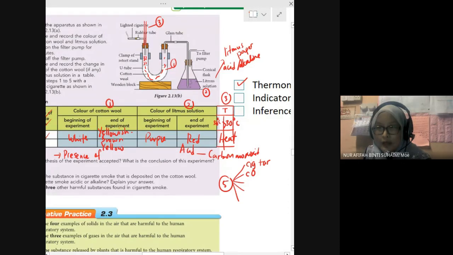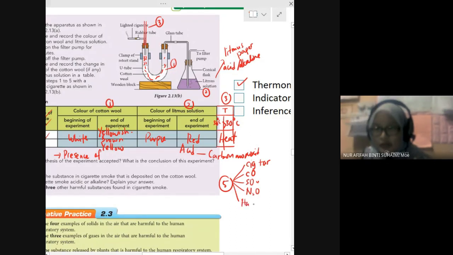Cigarette tar, carbon monoxide, sulfur dioxide, nitrogen dioxide, or haze, pollen and dust. Which one?